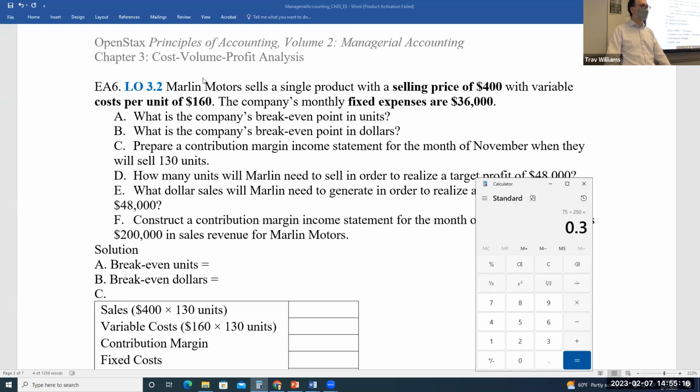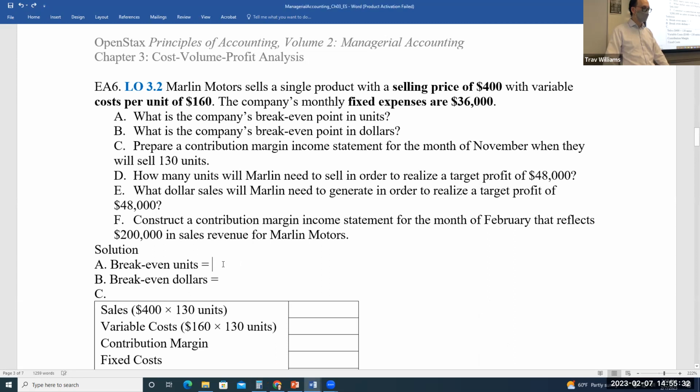We take the selling price minus the variable cost, and we get $240. So we take our fixed costs, divided by that $240 contribution margin per unit, and we need 150 units to break even. I'll put over here contribution margin per unit equals 240, just for reference.